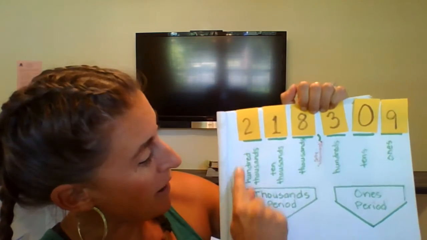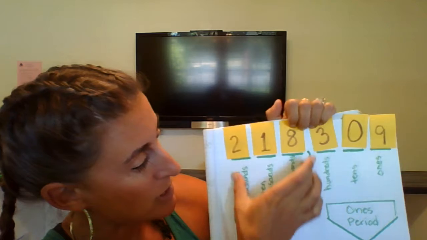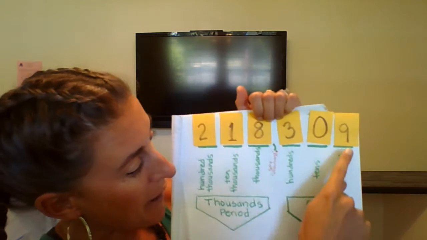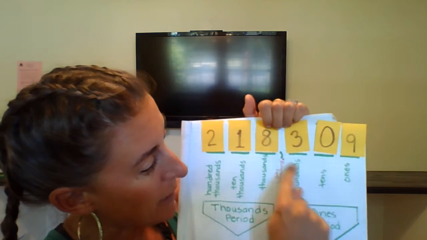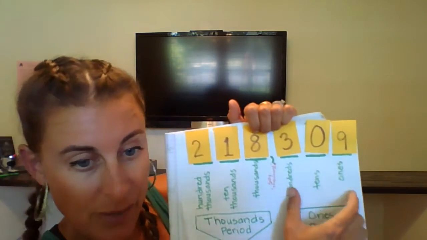We also talked about how this piece right here to the left of the comma is the thousands period. These digits all live in the thousands period. And we had talked about how these digits to the right of the comma live in the ones period right here.